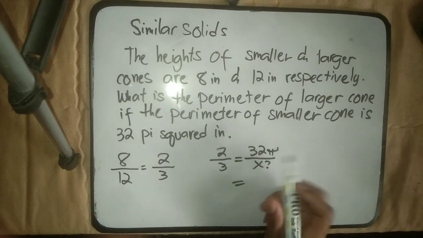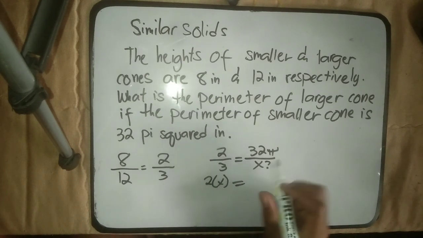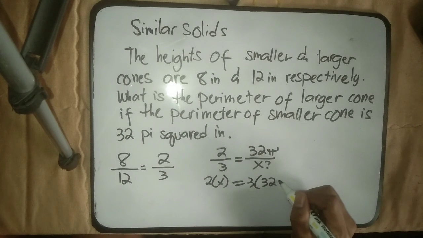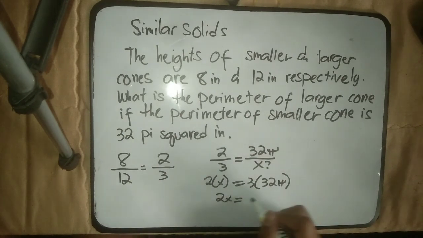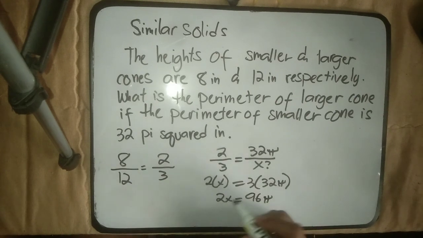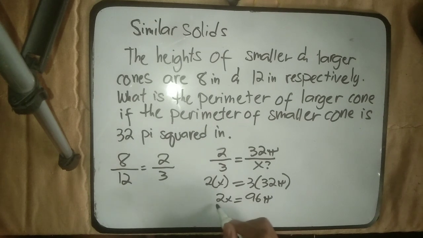So let's cross multiply. 2x is 3 times 32 pi, and 32 times 3 is 96 pi. So we divide both sides by 2.